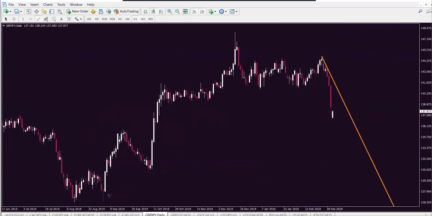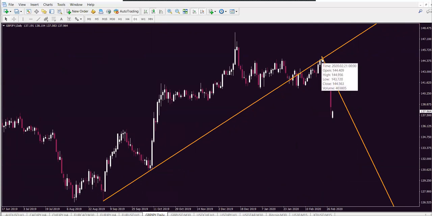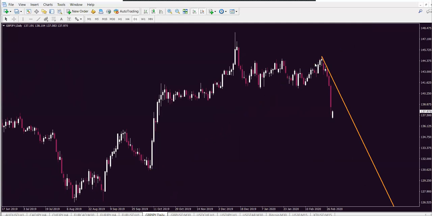So if we were to draw this trend line, let's see price. This is why I like trend lines. You see price found resistance exactly on the back of the trend line. So we already know that. So this trend line is not really valid anymore.